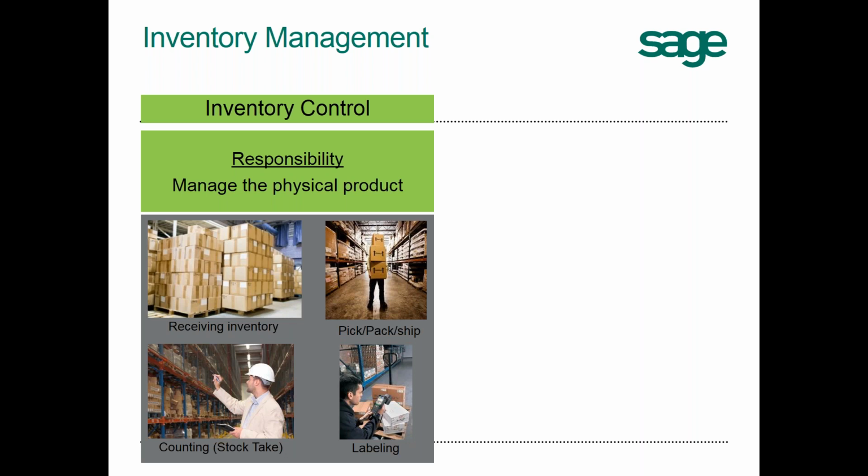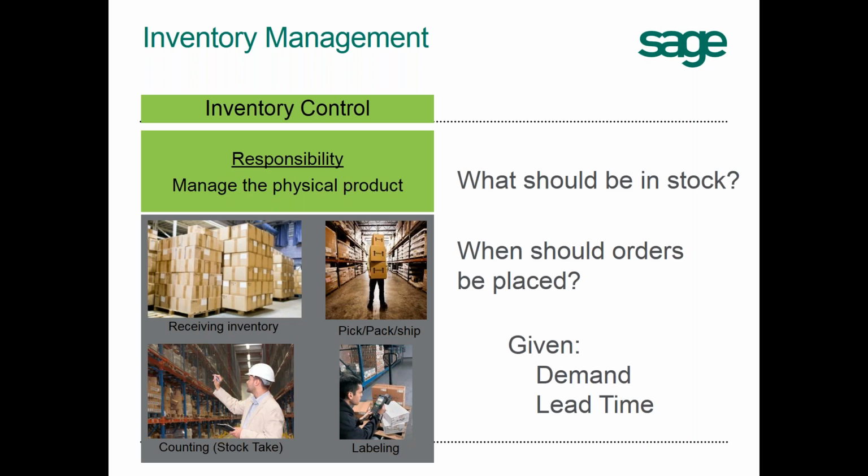You absolutely need a system that keeps track of that level of detail. But that system doesn't necessarily answer the question, is that what should be in stock? Given the demand for the items, given lead time from the suppliers, when should you be placing orders, especially if you already have orders in the system?